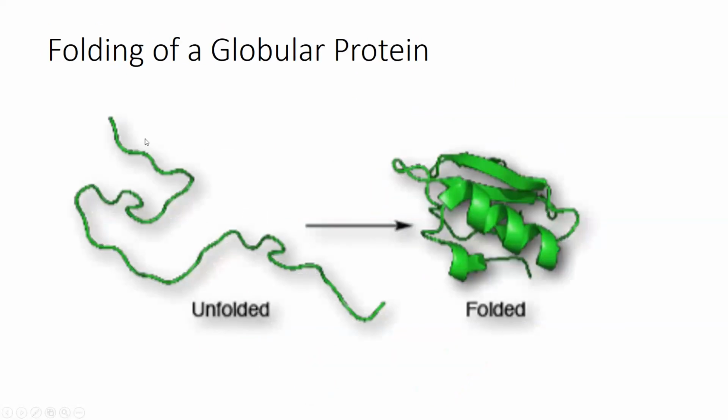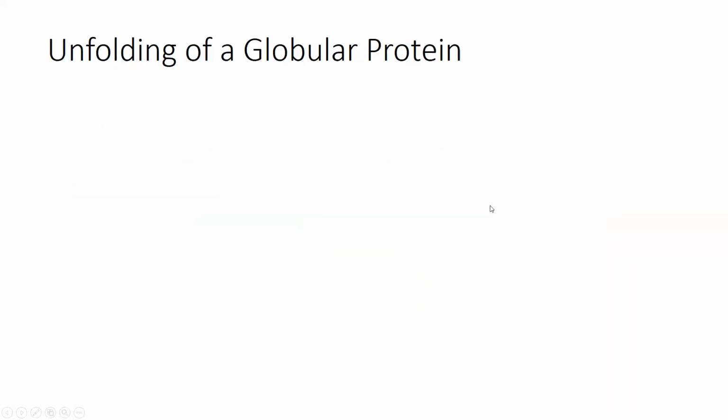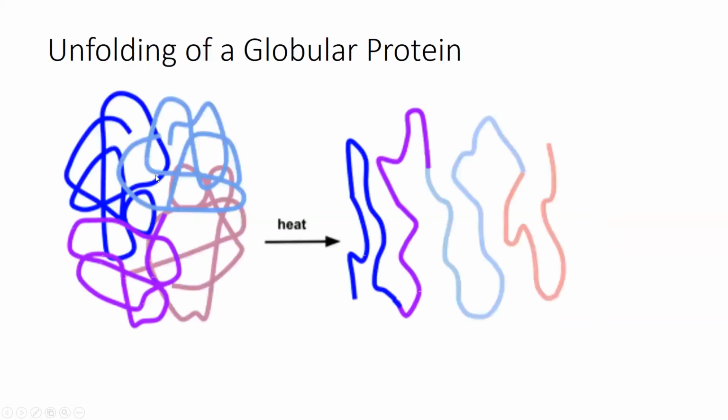This shows you an unfolded protein in a primary structure, and then this unfolded protein will undergo hydrogen bonding, disulfide bridges, hydrophobic effects, and ionic bonding to become folded. Or it can unfold. You see how it's folded in many different subunits.